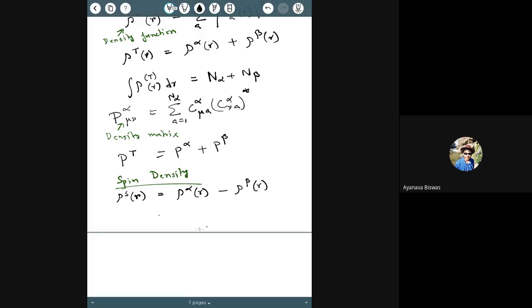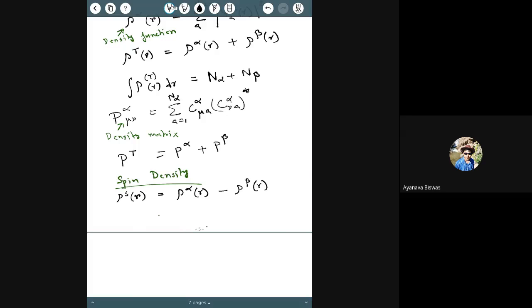If you have an excess of alpha electrons in some region in a molecule, my spin function will show a positive sign. And if you have an excess of beta electrons in some part of the molecule, you will have a negative spin density.